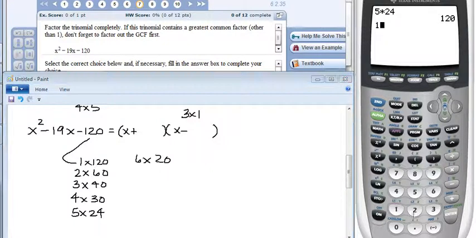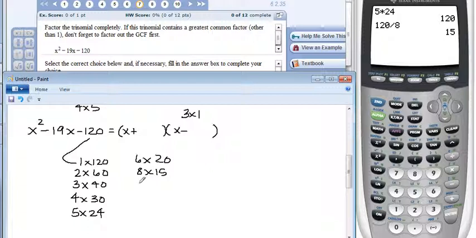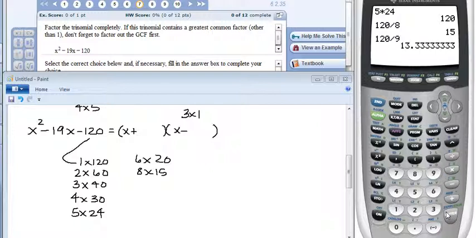Does 8 go in there evenly? Yep, 8 and 15. 8 times 15. Does 9 go in there? I doubt it. I don't think 7 goes in there either, no. I know 10 does, so 10 times 12.